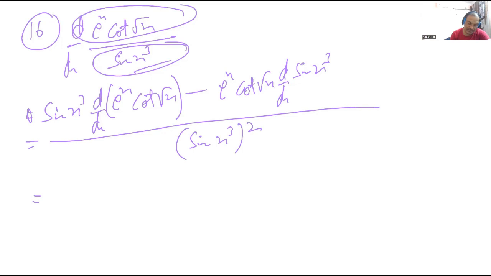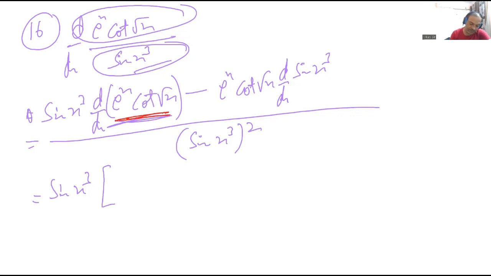Now here I have to differentiate the first part. This is a case where first I have done the quotient rule. Now here in this part I have to apply the product rule.